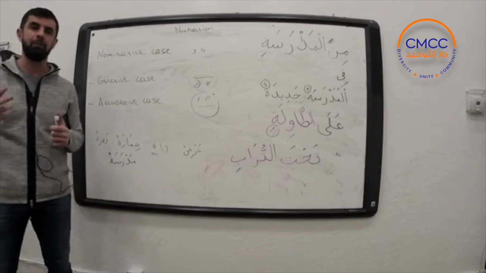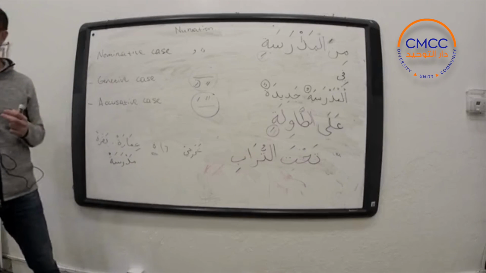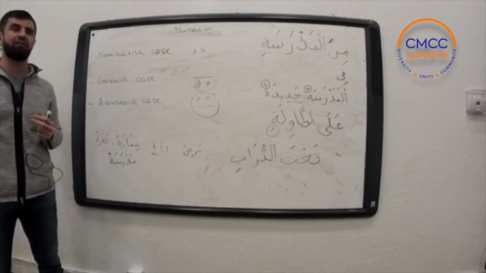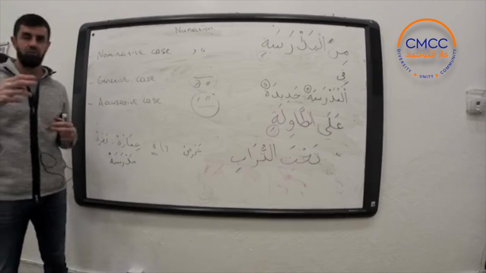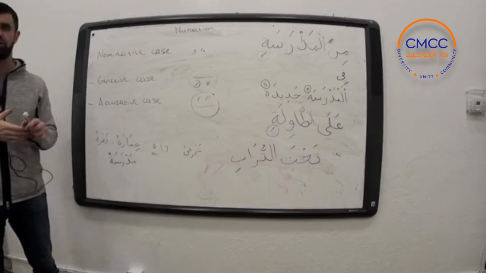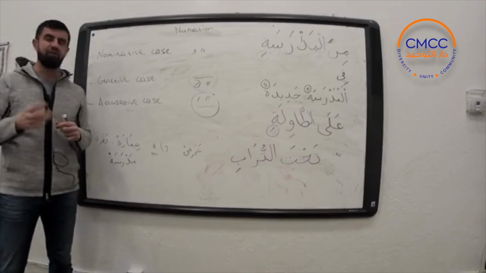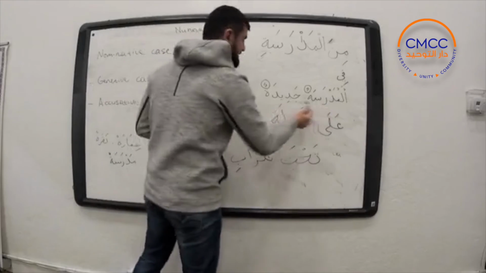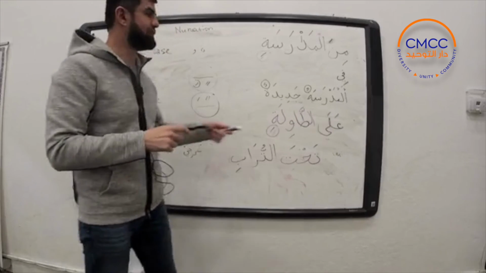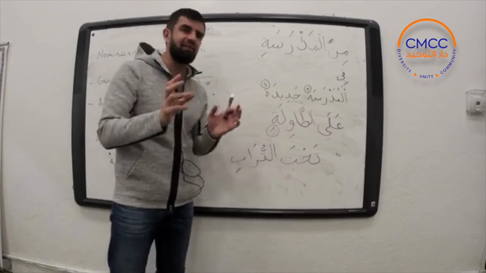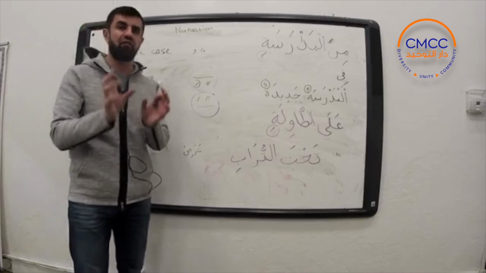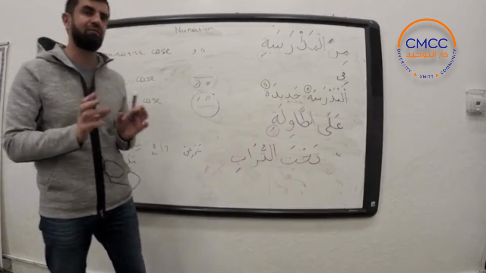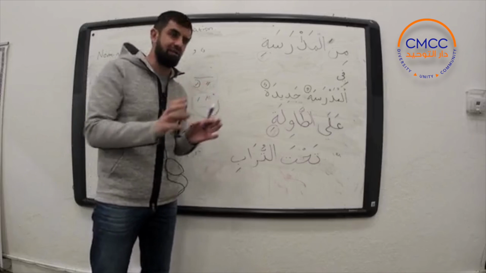We have two kinds of sentences, which we will, inshallah, learn in detail in the future. The first one is al-jumla al-ismiya. This is the simplest kind. The sentence which doesn't include a verb is called jumla ismiya, noun sentence, okay?